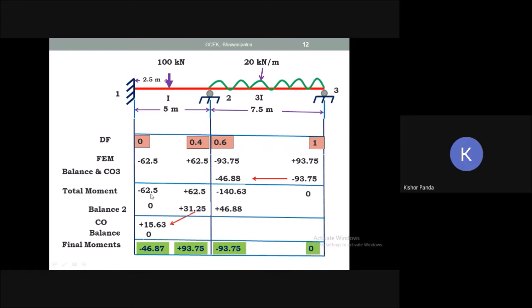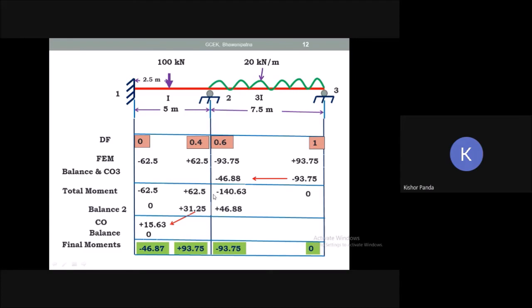Here this is the unbalanced moment, and you have to multiply it with the distribution factor, so you put minus 62.5 into 0. This is 0. Then what is the net moment at joint 2? Net moment here, this side is 62.5 and this side the moment is minus 140.63. So this is the net moment, 62.5 minus 140.63.